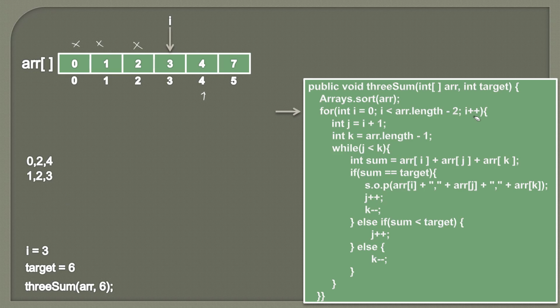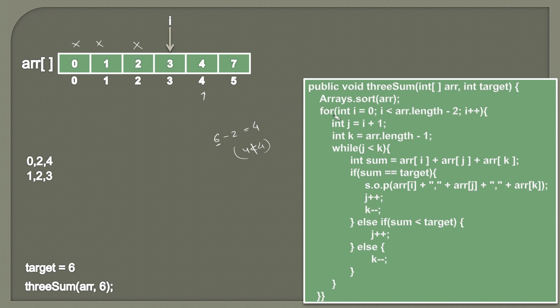And again when we will increment i, it will become 4. So 4 is not less than array.length -2. 6 minus 2 is array.length -2, which is 4. 4 is not less than 4. So therefore this for loop will terminate.